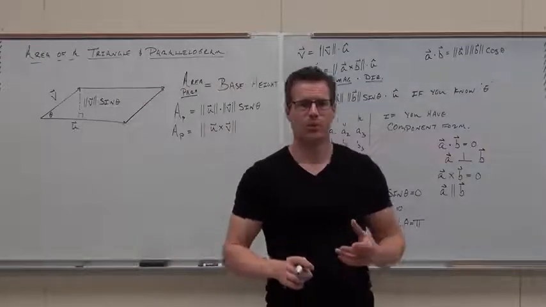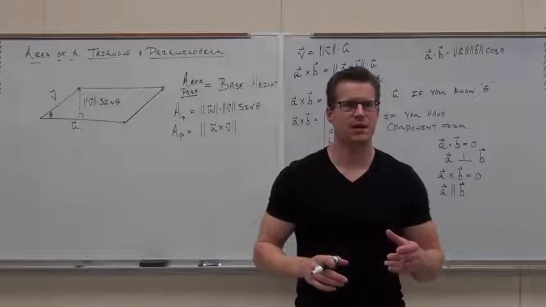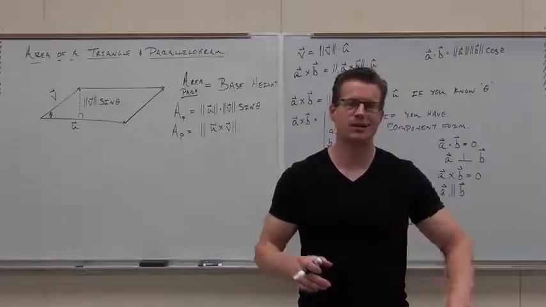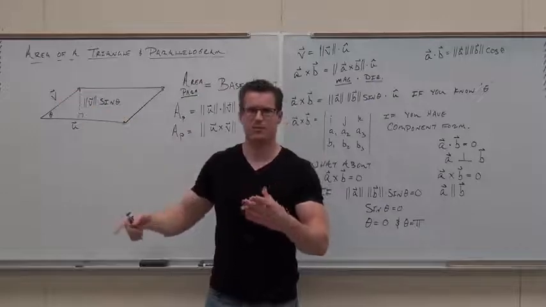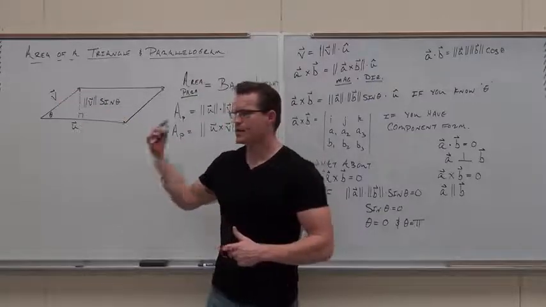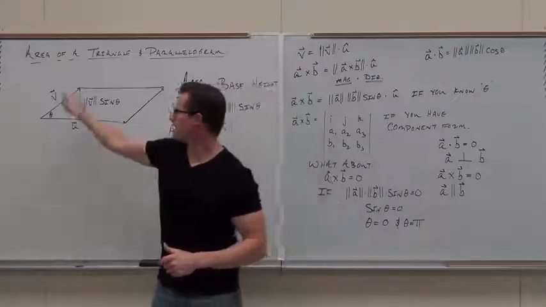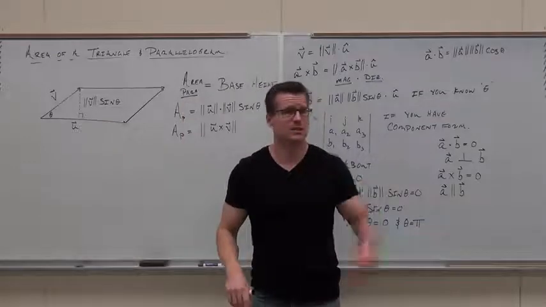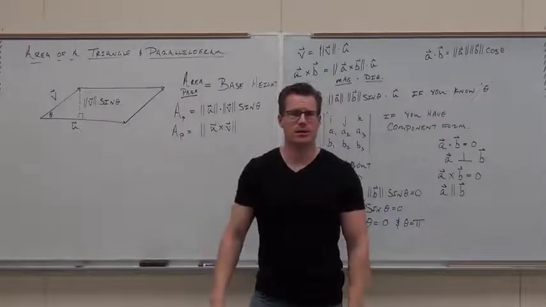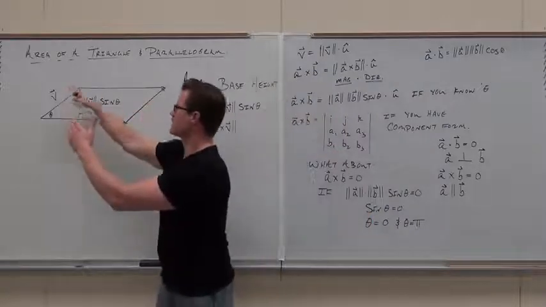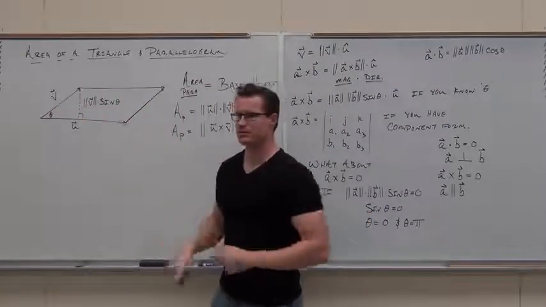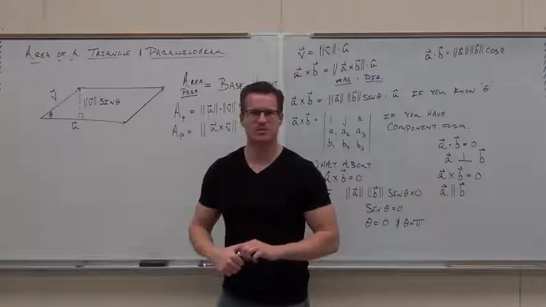So what's really cool is if I give you any two vectors, you know by the parallelogram law that they make up a parallelogram. So find the area of any parallelogram that's bordered by two vectors. It's easy. Cross product, magnitude, done. That gives you the area that's contained by the parallelogram bordered by these two vectors. It's pretty neat. That's pretty cool.